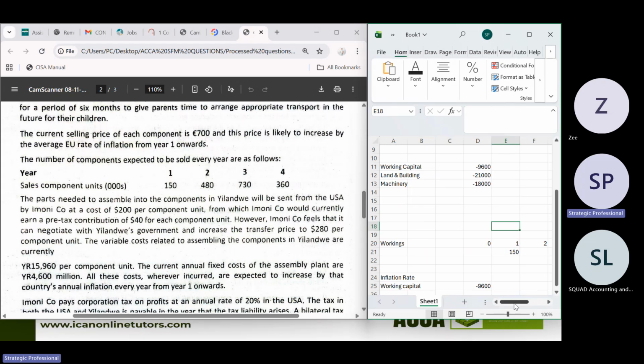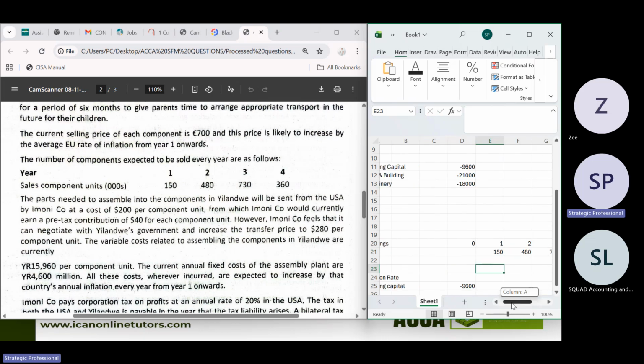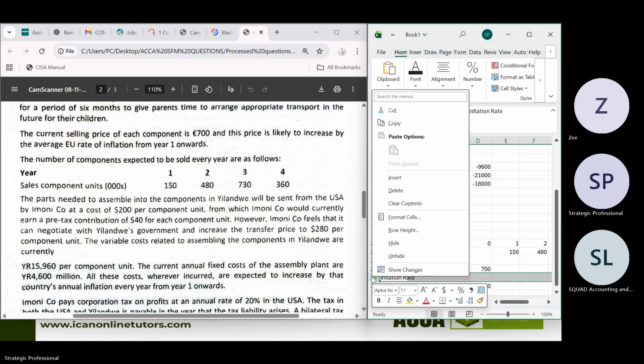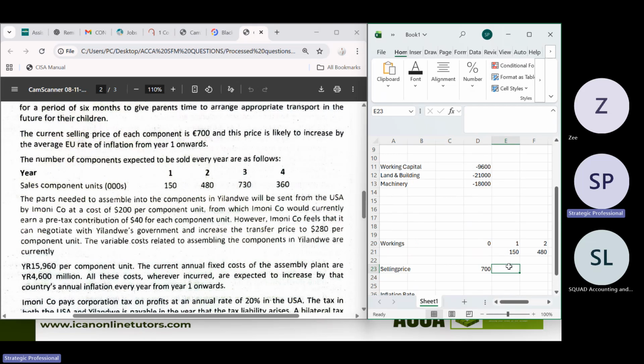So 150, 480, 730, 360. They've told us that. Now, they've also told us that the selling price will increase. They said the selling price currently is 700. Let's note that. The selling price is 700. If the selling price is 700, they said it will increase by the average EU rate.